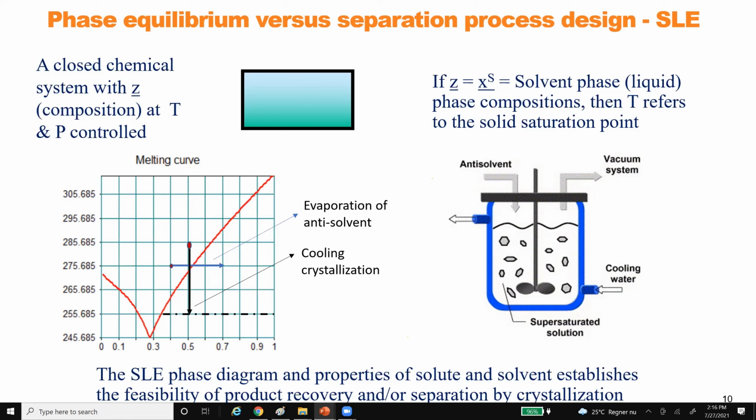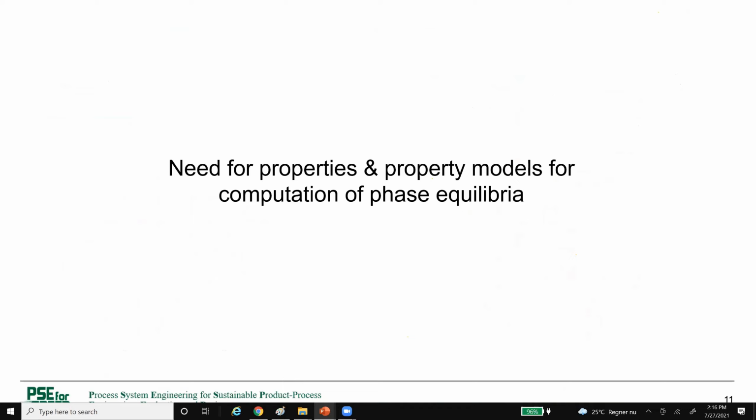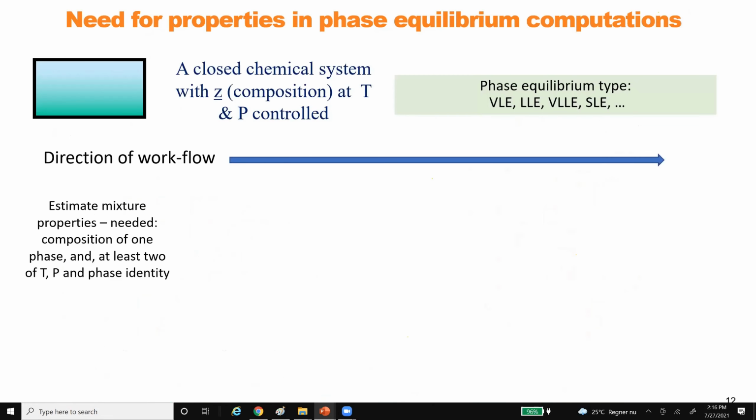Okay, so we have seen examples of phase equilibrium for the design of separation processes: solid-liquid, liquid-liquid, vapor-liquid. So now what properties are needed and what property models are needed for computation of phase equilibrium? So first I will give you examples, and then we will see more details.